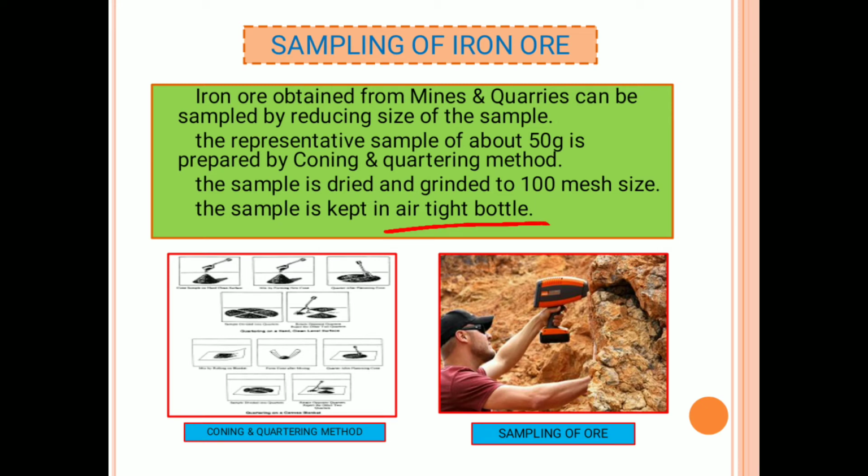Because generally metals can react easily with atmospheric oxygen to produce their oxides. To prevent that, you need to store the sample, that is the representative sample, in an airtight bottle. This is about the sampling of iron ore.